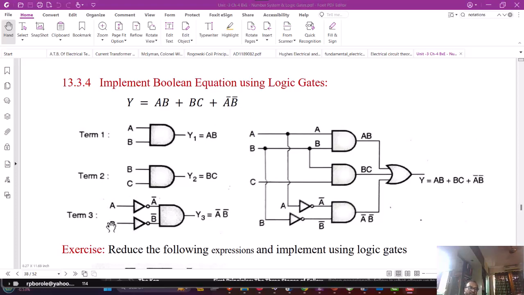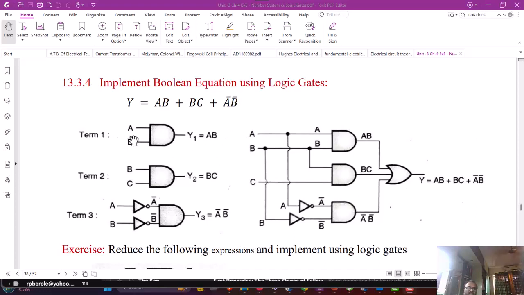So take a and b, then use two inverters, you will get a bar and b bar, and then AND a bar and b bar. So therefore y3 is equal to a bar and b bar. Now these three outputs are ORed together using a 3 input OR gate here. So we are getting the output y is equal to ab or bc or a bar b bar.